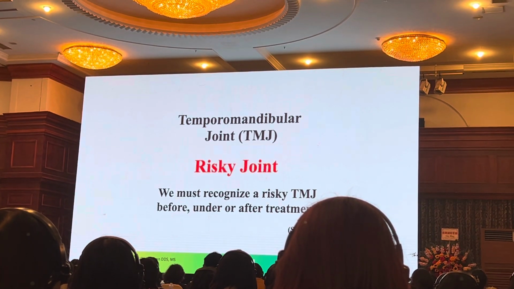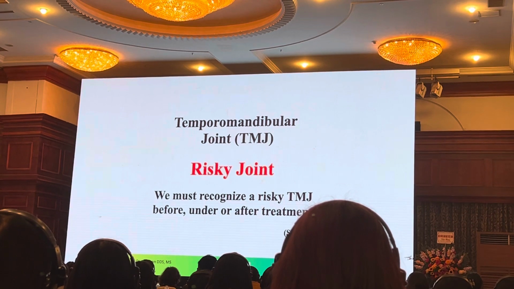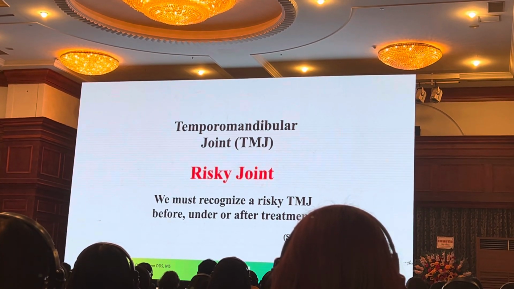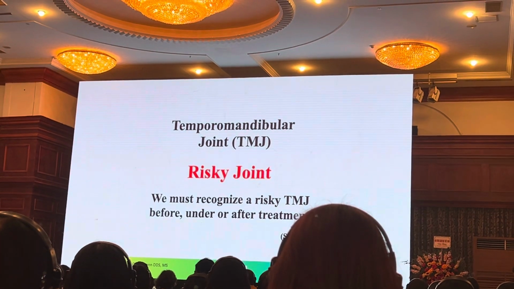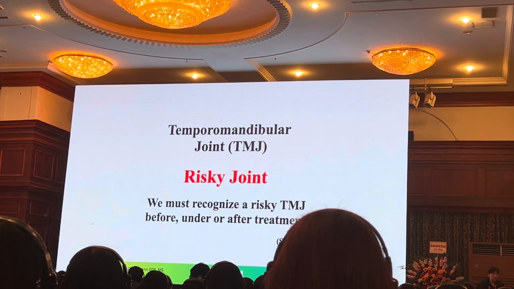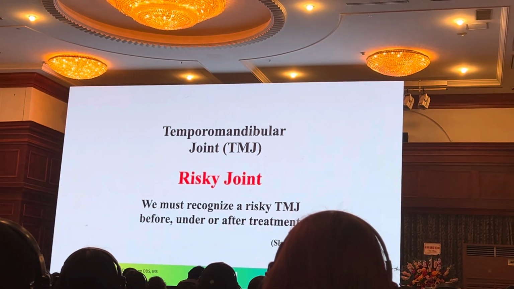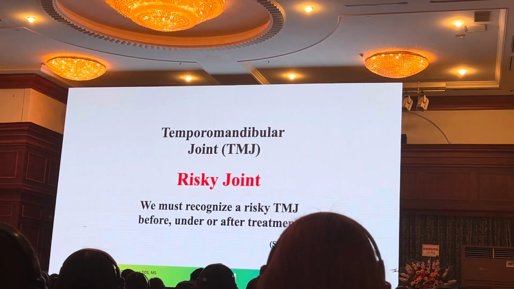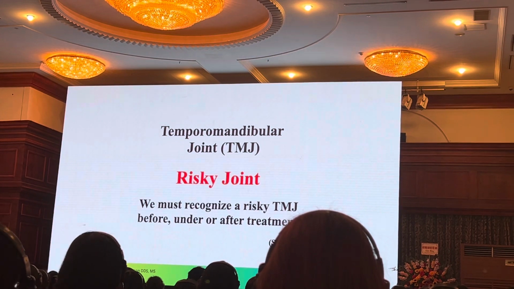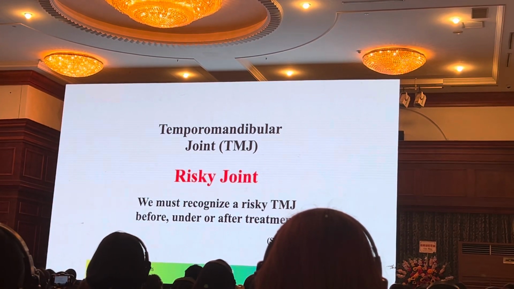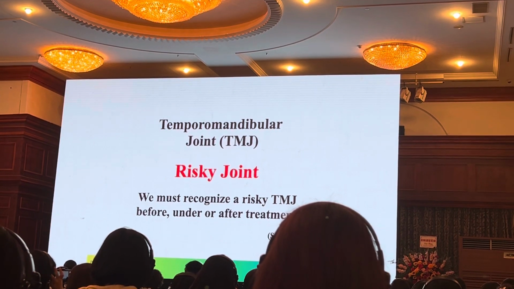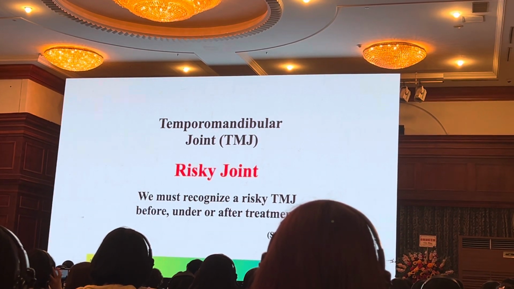And why is this happening? This is not a genetic problem, because genetically speaking, we are the same. This is certainly an environmental problem. What is the environmental connection to the joint? It's the malocclusion, the teeth. If we don't have mature enough occlusion, I will certainly have joint problems.